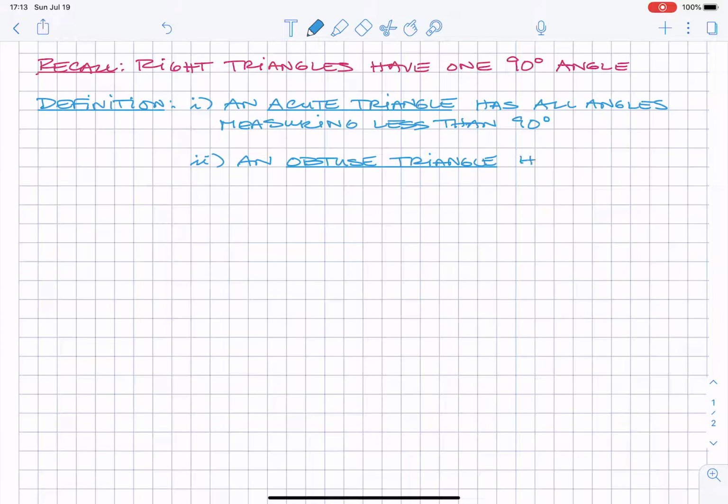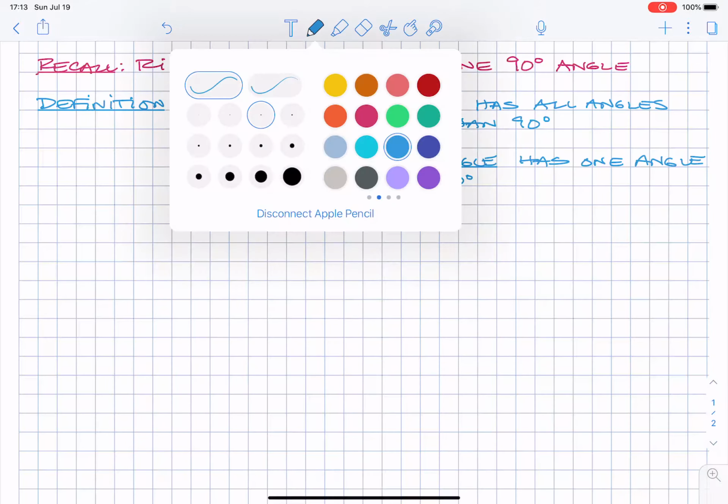So it has one angle greater than 90 degrees, which necessarily means the other two are acute angles.